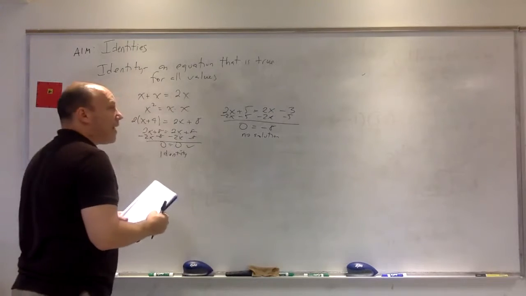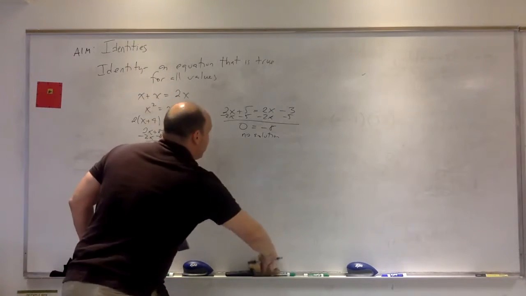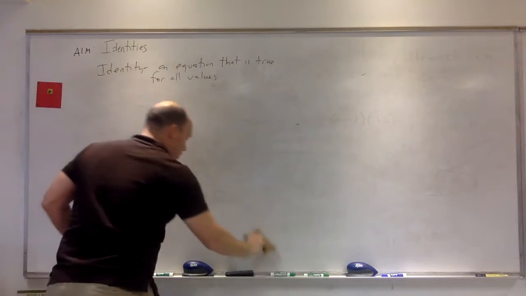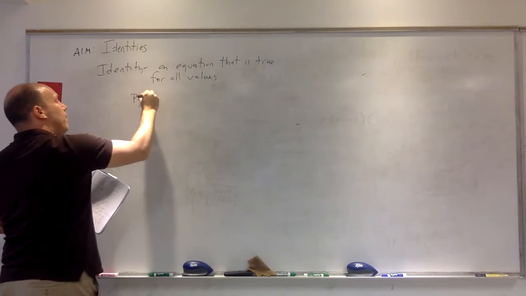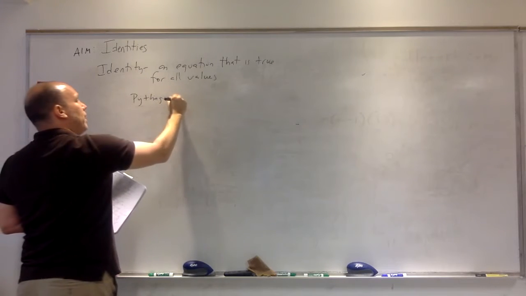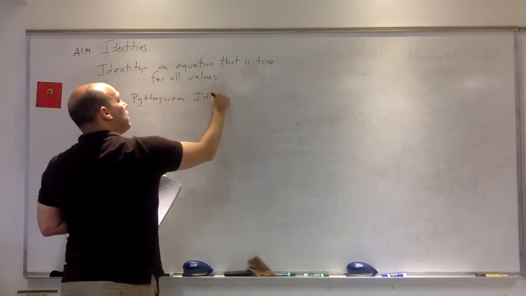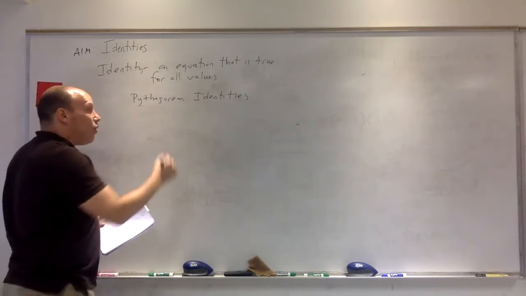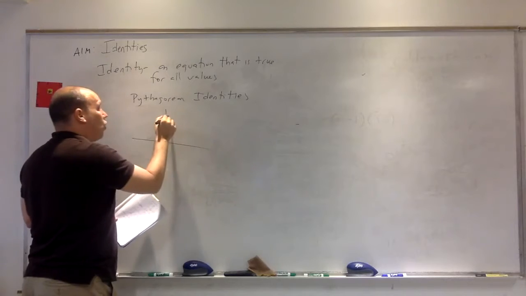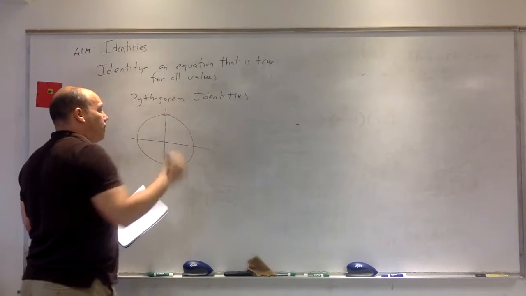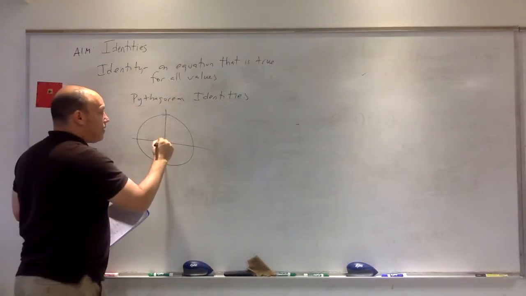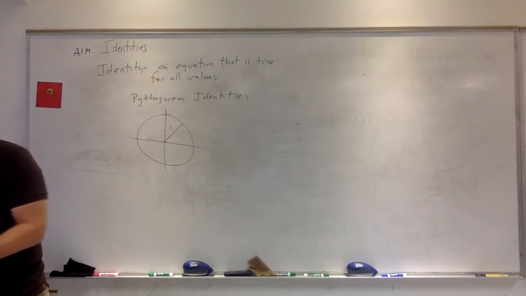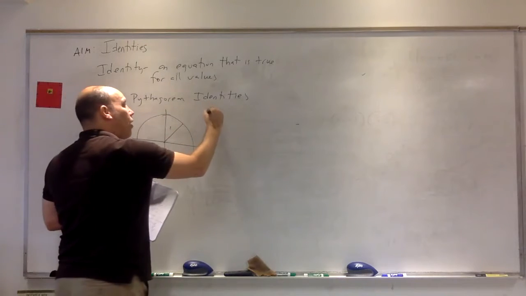We use SOHCAHTOA, and we created a triangle. The first thing we looked at was this side over here, and we saw, that's cosine. So the cosine of theta, and this is theta in here, is the adjacent over the hypotenuse. But in this case, the hypotenuse is 1, so it's simply the adjacent. And this side is cosine.